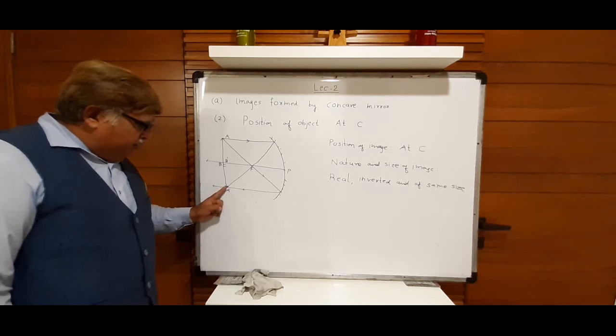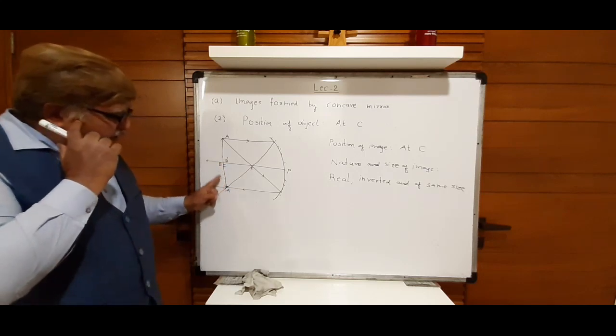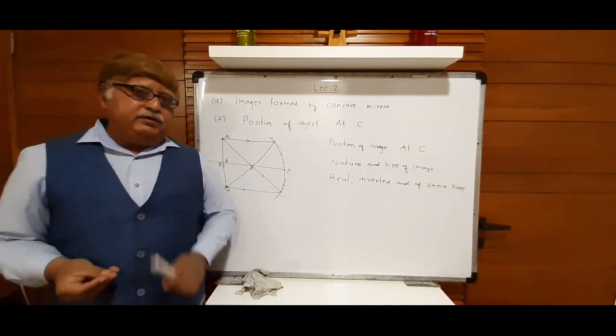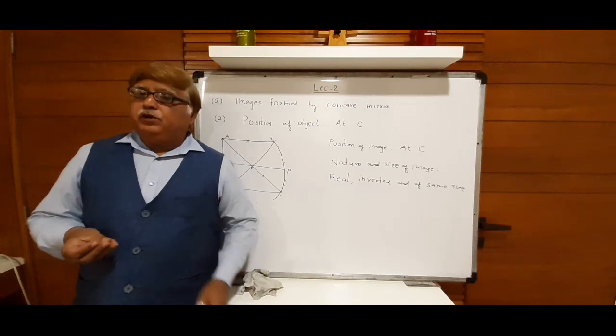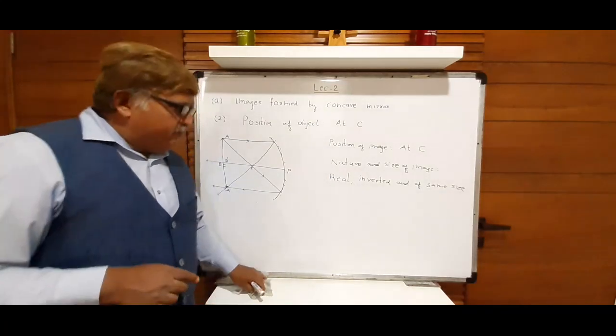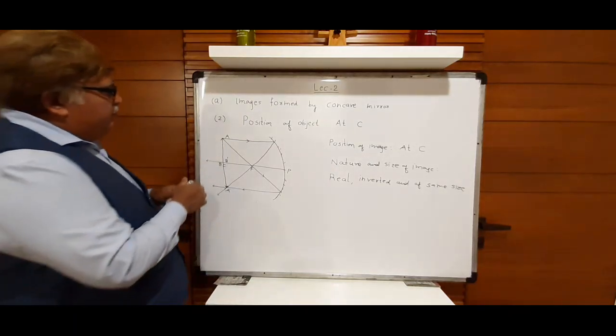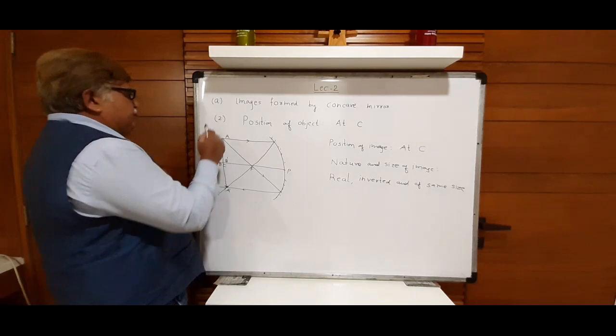Both the reflected rays are meeting here. Here you join it with the principal axis. So A dash B dash will show you the image. And what is the type of the image? It is real, inverted and of the same size. This was diagram number 3, okay?